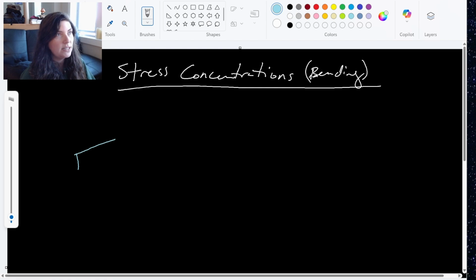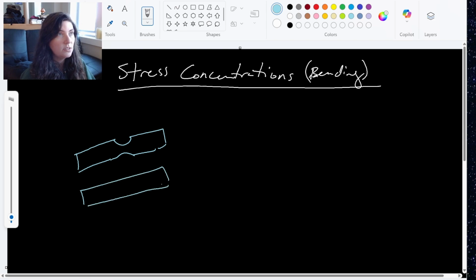And for bending, usually the changes we're looking at are when we have notches. So maybe some kind of little notch in there. We might also see holes. A hole in our thing that we're bending, right? It's being subjected to bending.